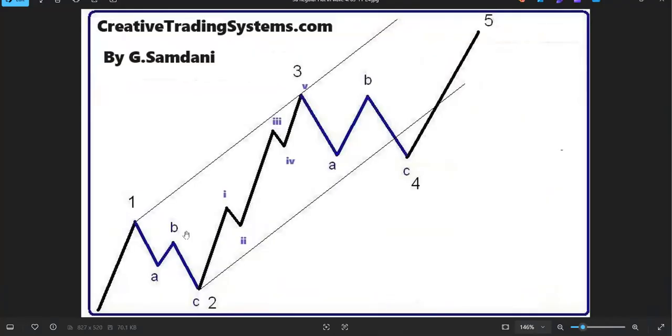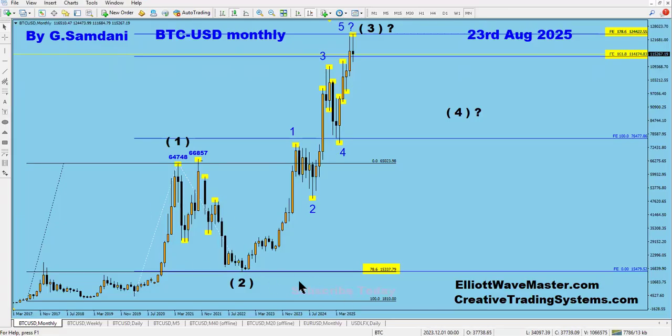This one shows that the drop for wave two and the drop for wave four are a little different. What happened here is what we call a zigzag correction, which is a steep correction to the downside, mostly around 61 to 78%, which we have here. We have 78%.